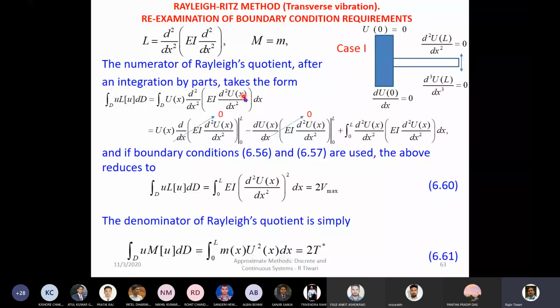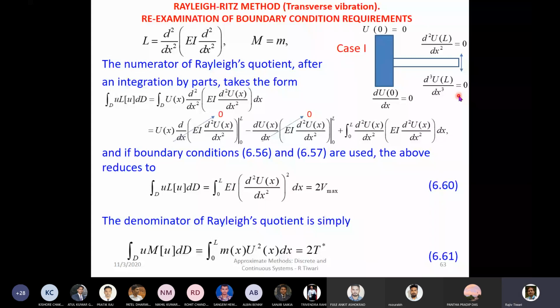Here, if we do integration by parts twice: this is the first part, integration of the second part, 0 to L, minus differentiation of the first part, further integration of the second part, plus further differentiation of the second part, and the integration of the second part. So I did the integration by parts twice in a single step. Now we'll see the boundary conditions.